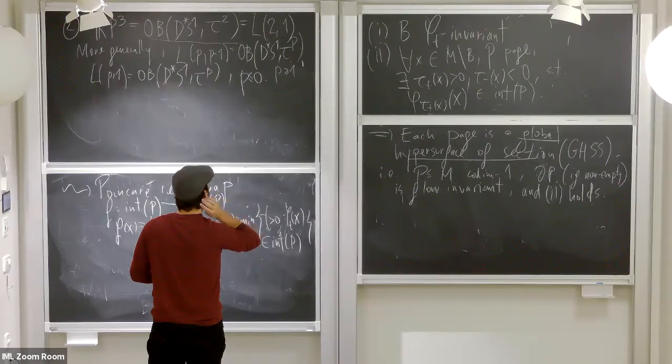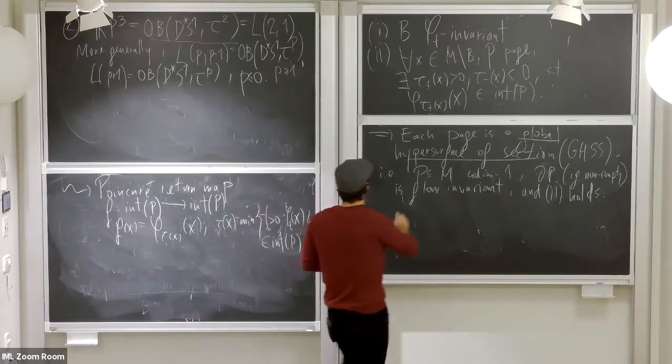Agustin: You don't ask for transversality of the flow with respect to the page, which is needed for continuity of the Poincaré map. Yeah, you're right, it should be part of the definition.